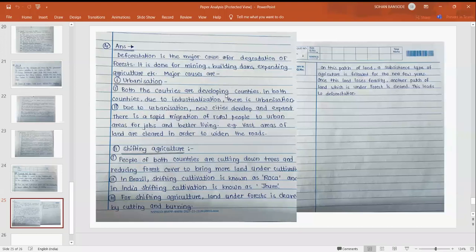For shifting agriculture, land under the forest is cleared by cutting and burning. On this patch of land, subsistence agriculture is followed for the next few years. Once this land loses fertility, another patch of land under the forest is cleared. This leads to deforestation.